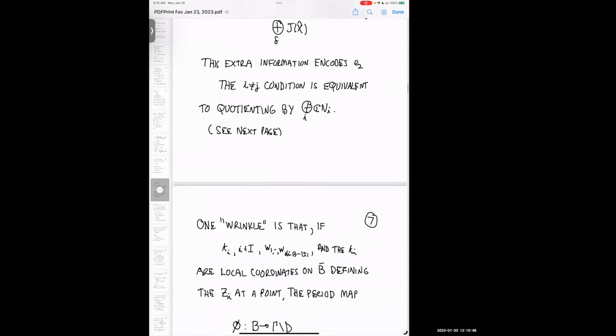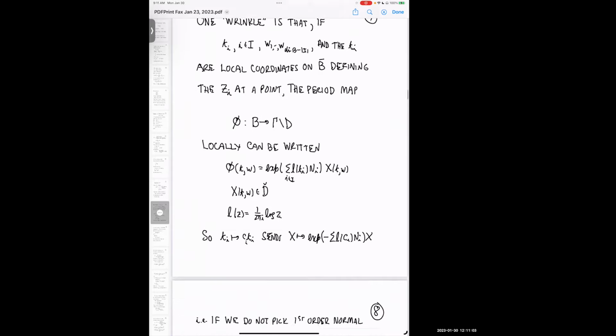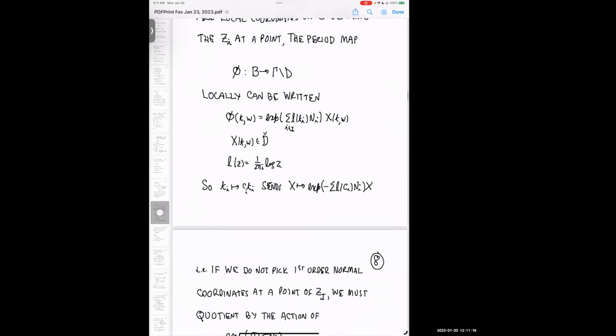But let me just say that a wrinkle in general is that if you have local coordinates t sub I that define the z sub I, then the period map can be written as exponential of summation 1 over 2 pi I log ti ni times something in d check. But if you change your coordinates ti by a constant, you change this point by exponential of a linear combination of the ni's.